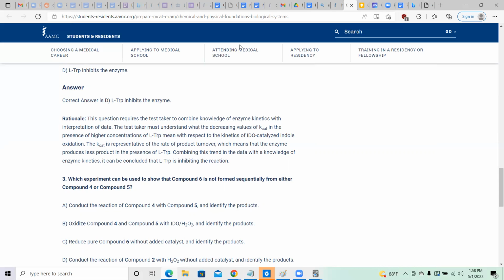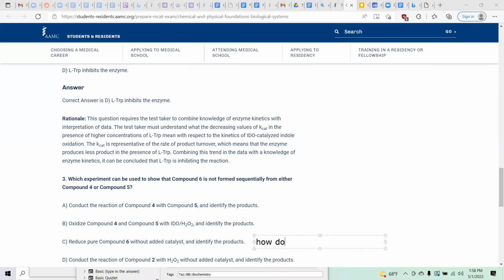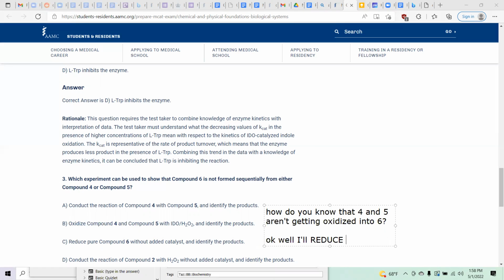If they're saying, hey, how do you know that 4 and 5 aren't getting oxidized into 6, a clever response might be, okay, well, I'll reduce 6 and show you that I can't get 4 or 5.